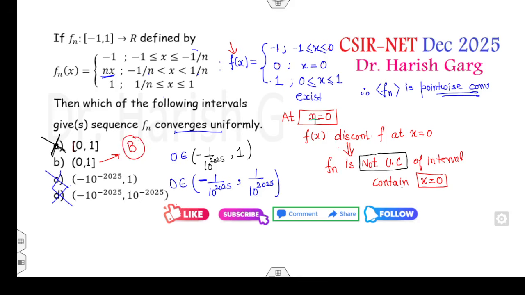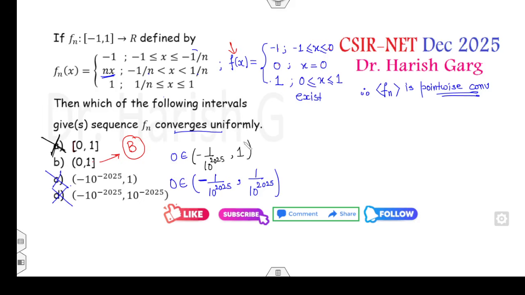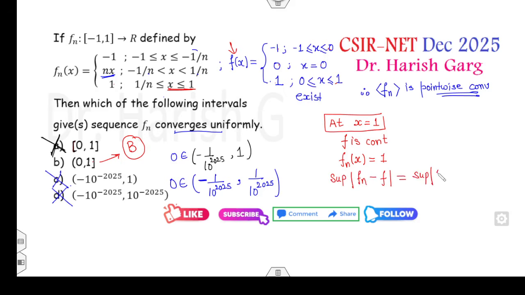हाउ B इज द राइट आंसर? We can see at x equal to 0 is not uniform convergent. अब आप दूसरा पॉइंट चेक कर लेते हैं. What will happen at x is equal to 1? The function is continuous. Fine. What is the value of the f_n(x) at x is equal to 1? It is 1. So by the Mn test, you can see what is the value of the supremum of f_n minus f. f_n(x) is 1.